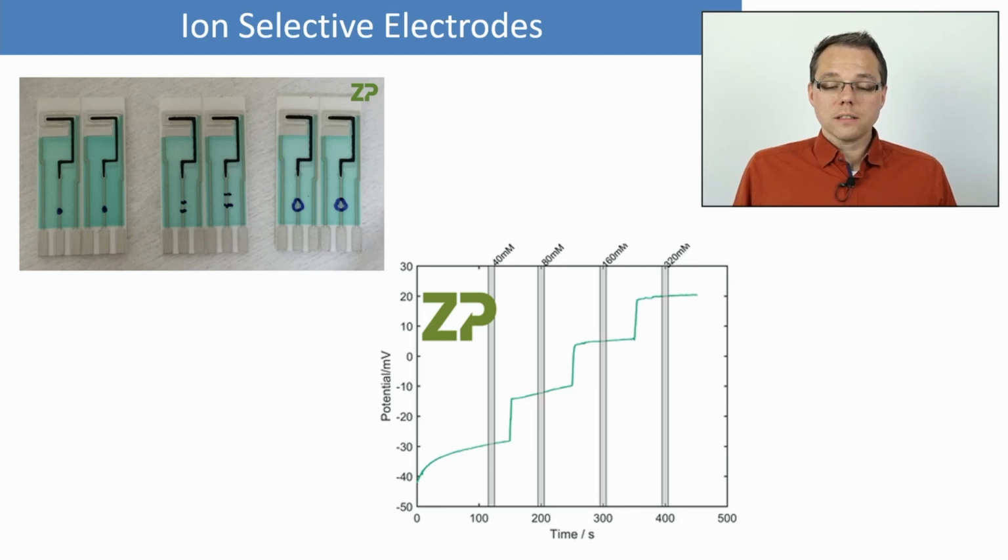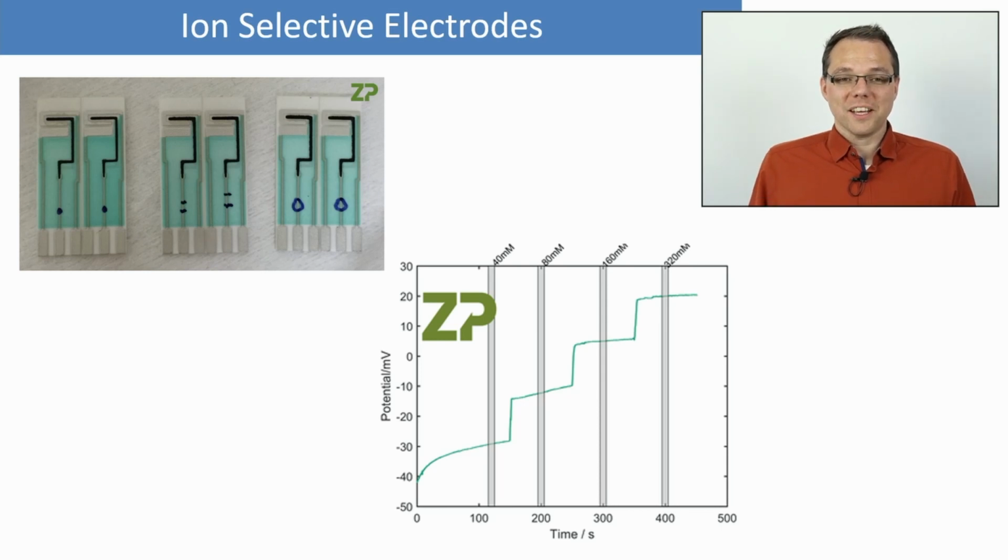If you worked with an ion selective electrode that's not in the list, so you answer yes, I worked with another one, just put it in the chat what it is, and then we can later look at what you've done and think maybe that's an interesting topic to talk about in a later webinar as well.